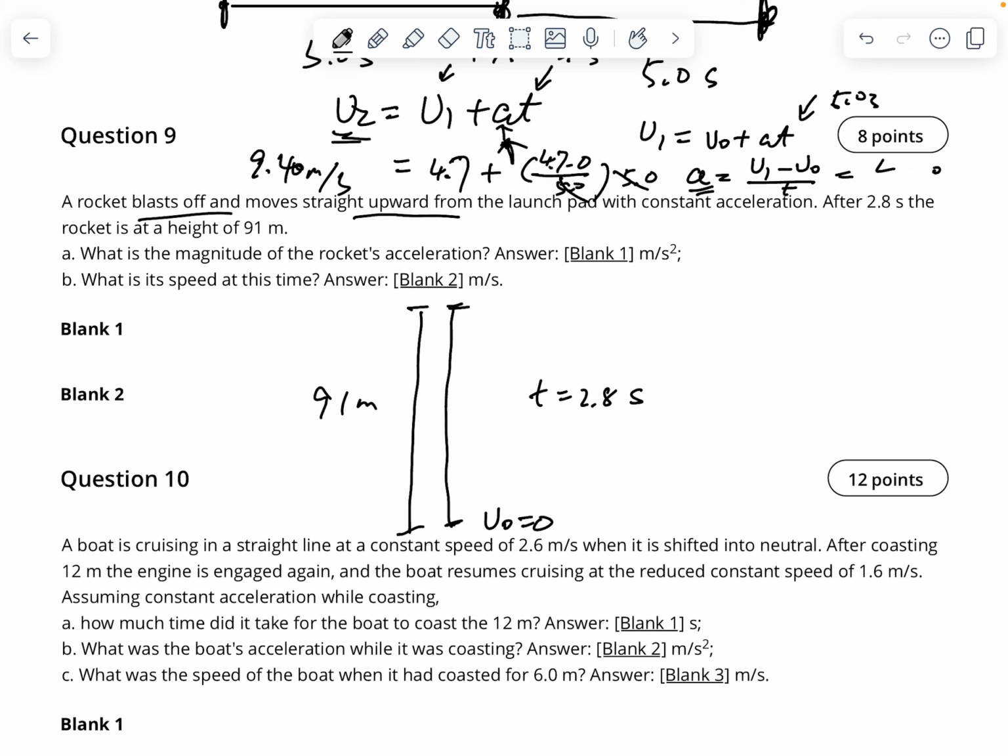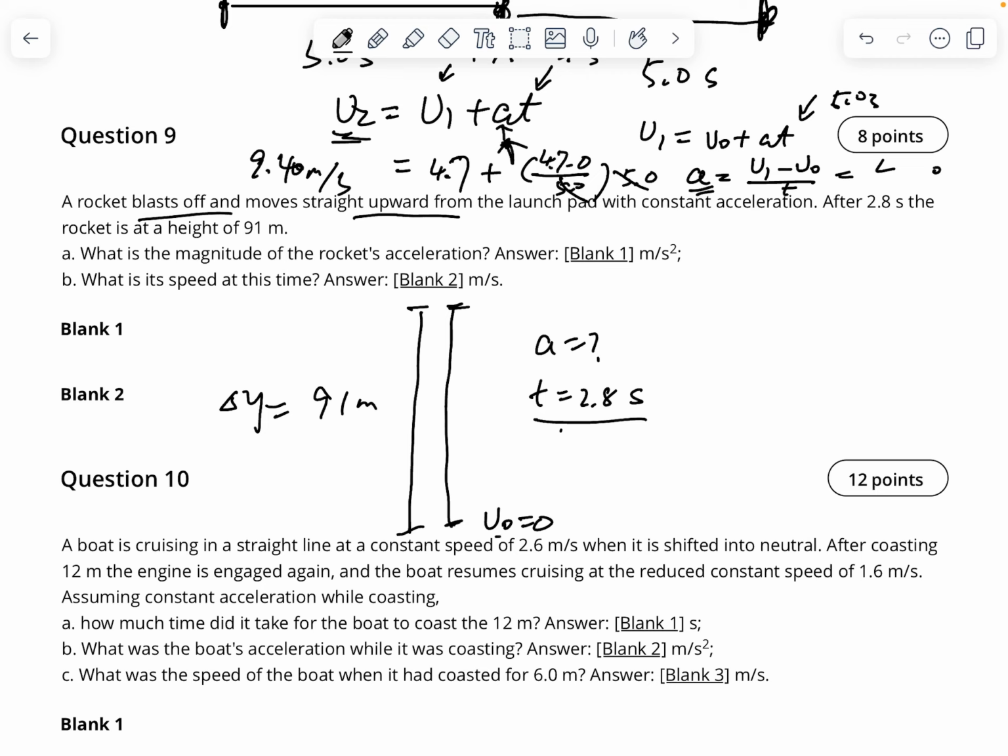So here, what we know is delta y equal to 91, time, right? And initial velocity. So how do we calculate acceleration? So we're looking for A. This is not free fall. It's like you have to propel rockets into space, right? So A is a constant.